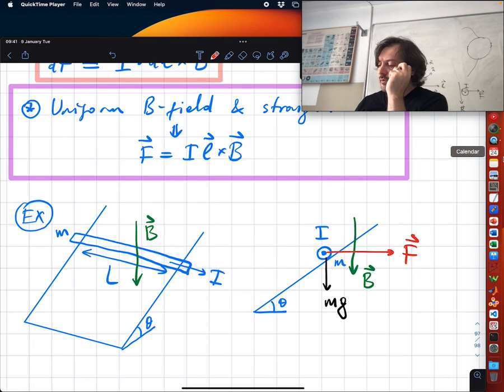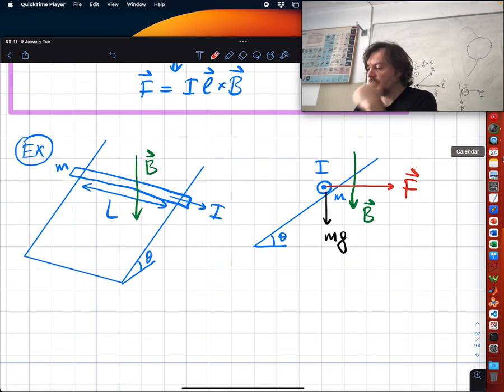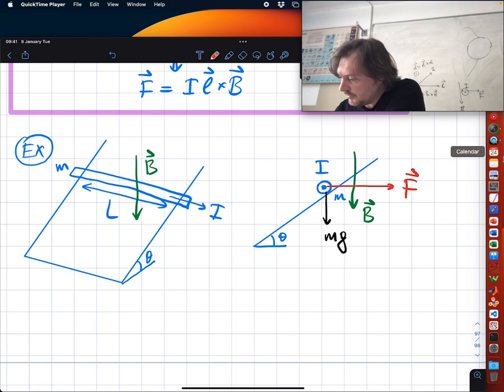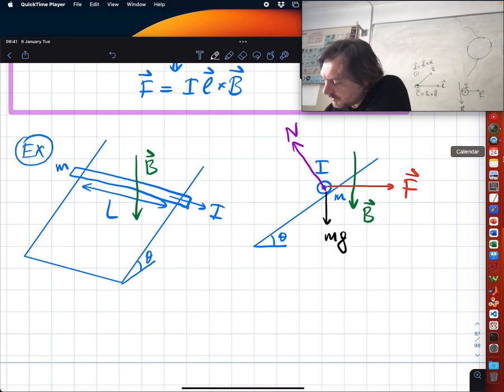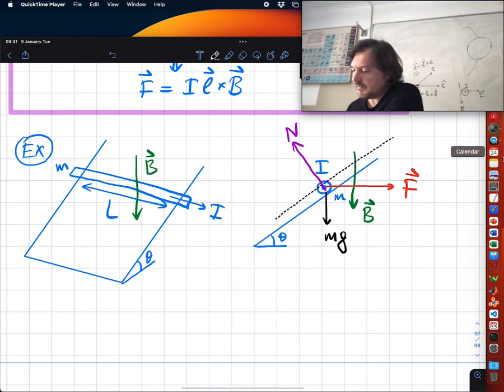So we need to find a balance here. To find the balance, we need to also account for the third force, which is the reaction force N. So all these three must be at equilibrium, right? Let's concentrate on this direction over here. Over this direction, we don't even take into account the normal force.